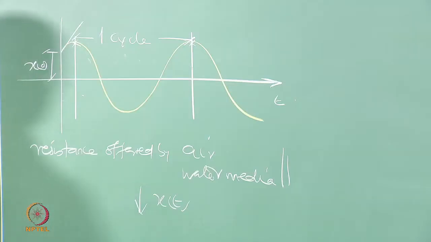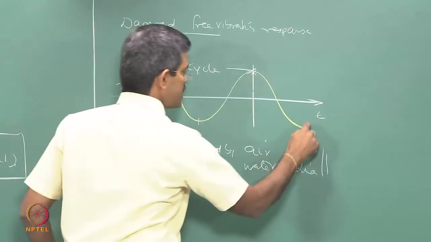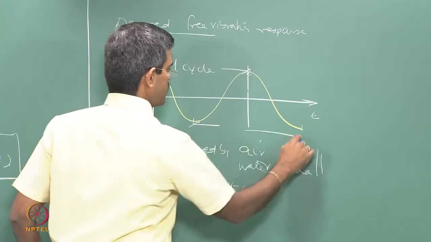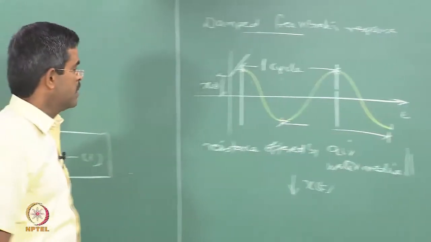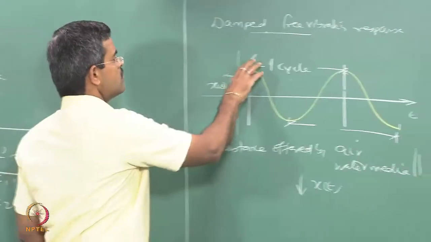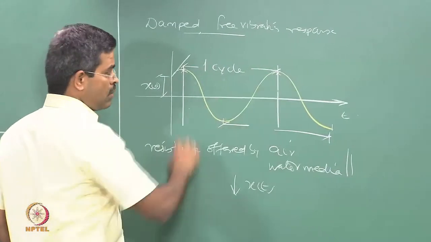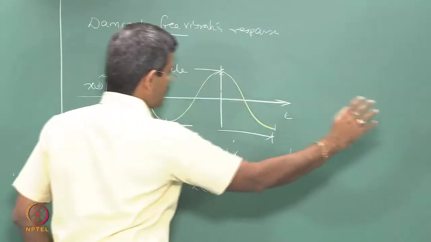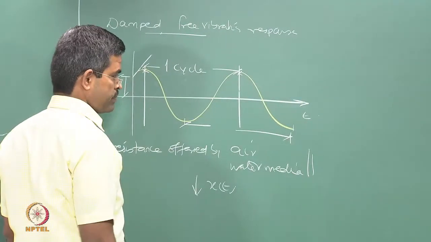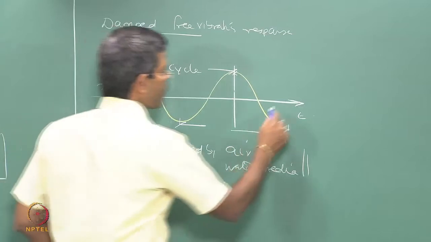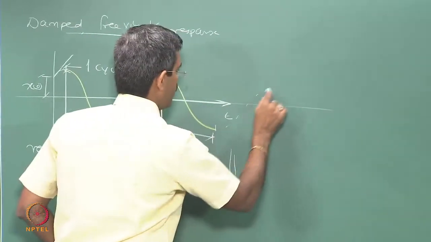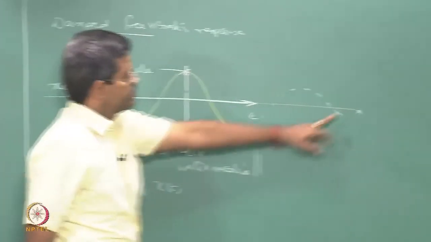It can also be from one negative peak to the next negative peak; this is also one cycle. Anyway, the amplitude will not remain constant, it will keep on decaying, and obviously the response will come to 0.